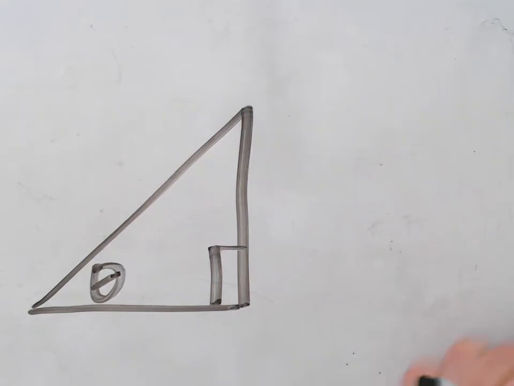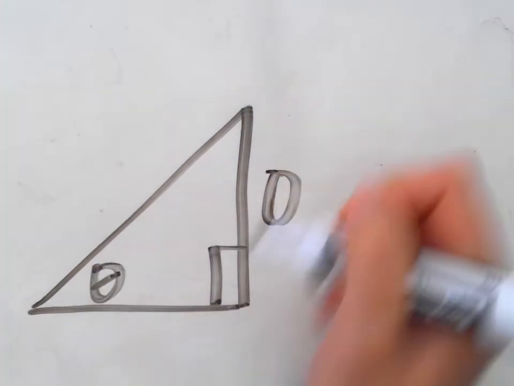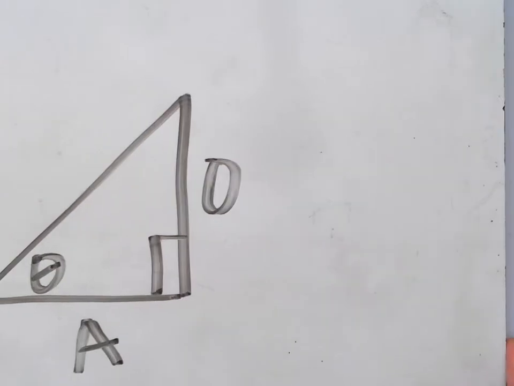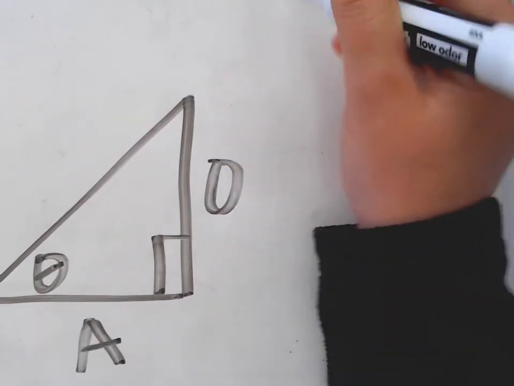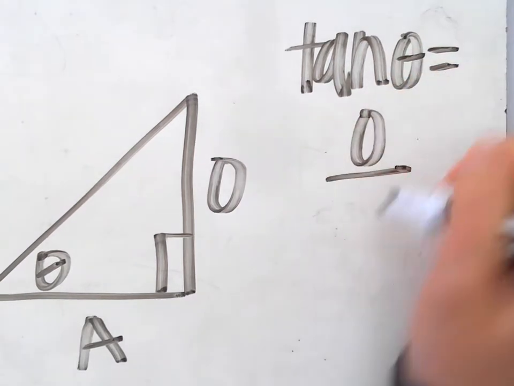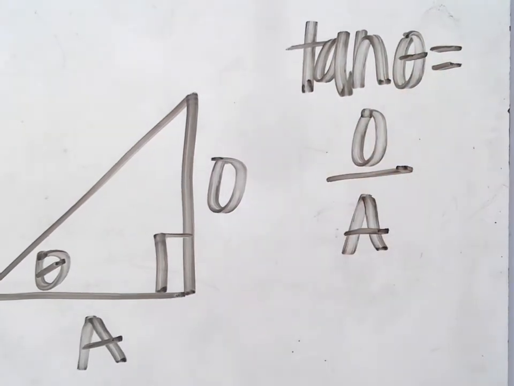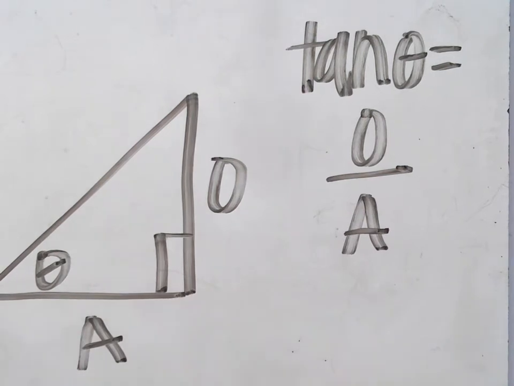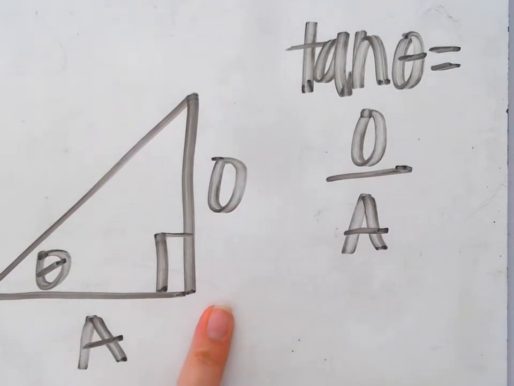We know that tangent is opposite over adjacent. Let me break that actually to the side here. So tangent theta is equal to opposite over adjacent. Well, the adjacent is always our x value, right, when we're looking at our graph.